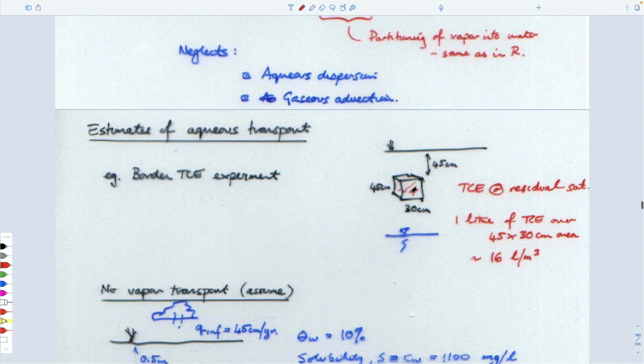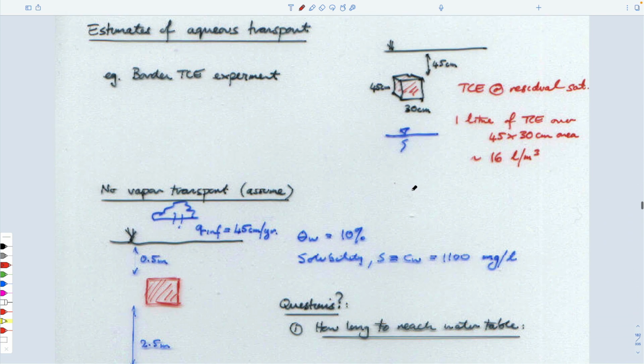I'm not going to talk about the advection dispersion equation because we'll do something slightly more simple. So what we can do is we can do that calculation for a particular field experiment. This is another field experiment that just happens to have been run at the Borden site, the one that we looked at for these clouds of chloride ion and TCE and carbon tet moving downrange for this aquifer injection test.